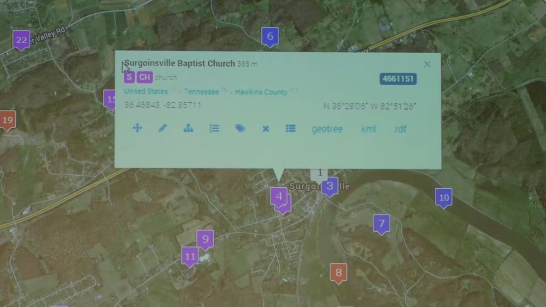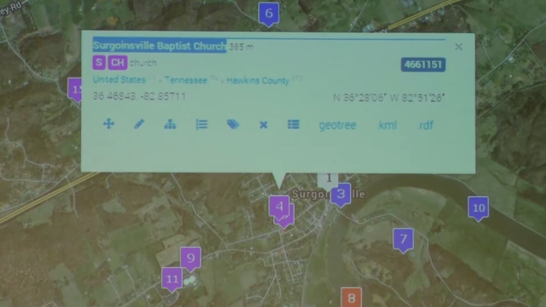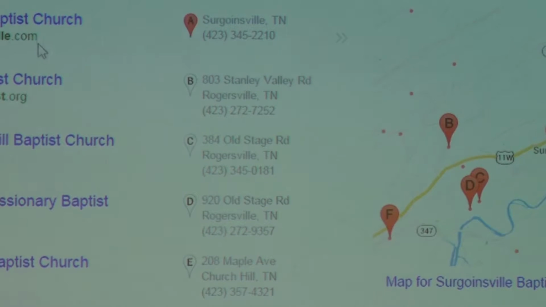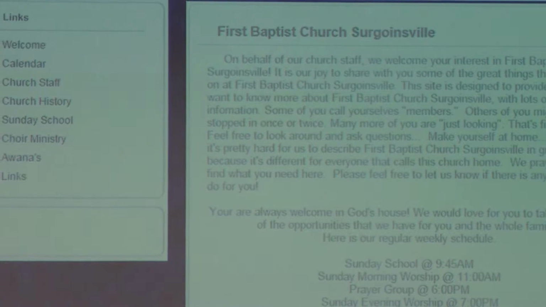Oh, we're going to highlight it after it comes up. There we go. And Command C, get a new tab up here, put that in, and click on it. And there's the website for the church.